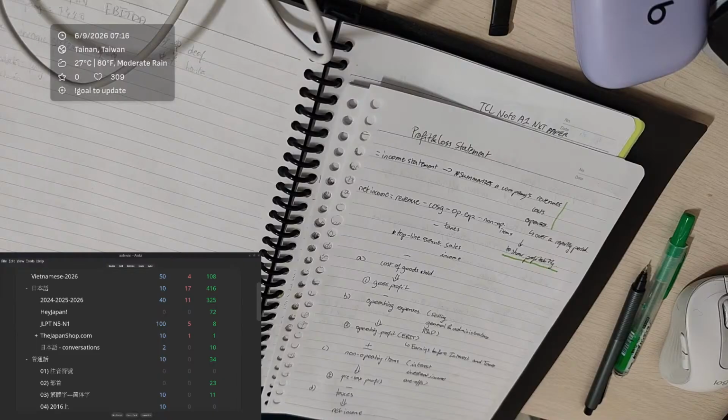Then you deduct the non-operating expenses, which cover non-operating items, which are interests, investments, and one-offs. And then you get the income before taxes. So then you deduct the taxes, and then you end up with the net income.